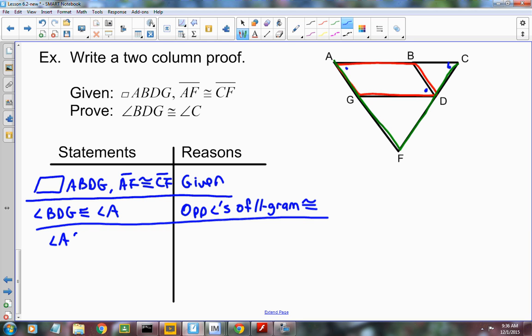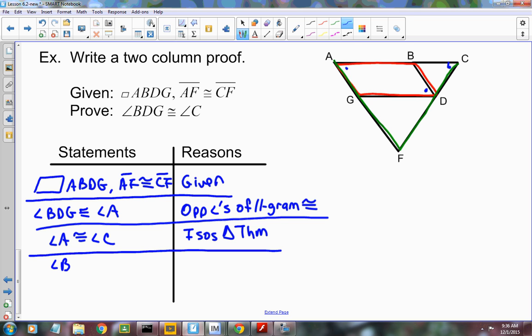Then we said angle A is congruent to angle C. And what was my reason for that? Isosceles triangle theorem. So if BDG is congruent to A and A is congruent to C, then angle BDG is congruent to angle C. And what's my reason? Transfer. Okay. Well, that wasn't that hard, right?